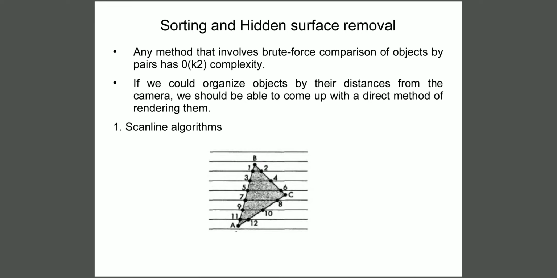That is nothing but sorting and hidden surface removal. If we sort all the objects we need to display on the output screen by their z coordinate value, the complexity of hidden surface removal is reduced to less than big O of k.